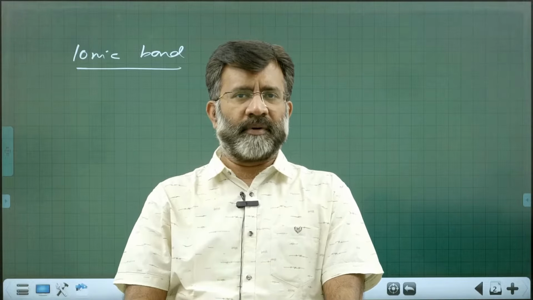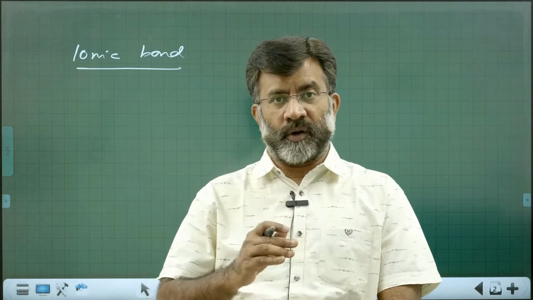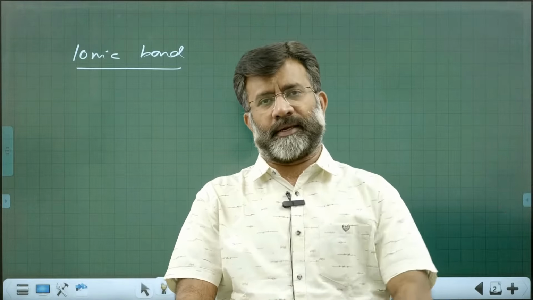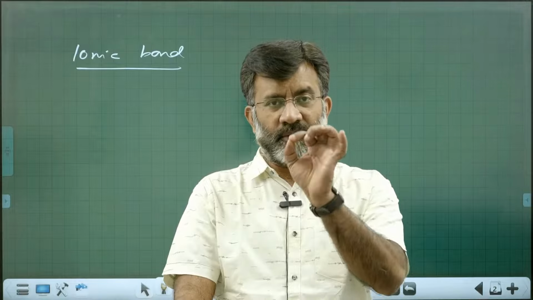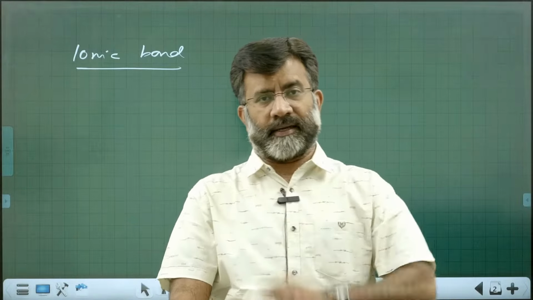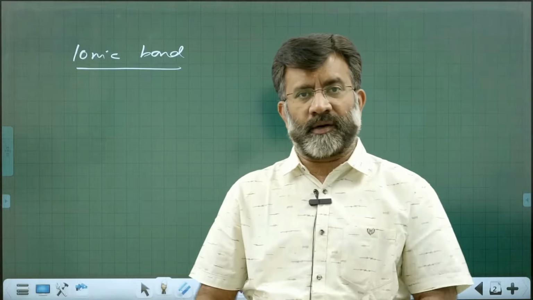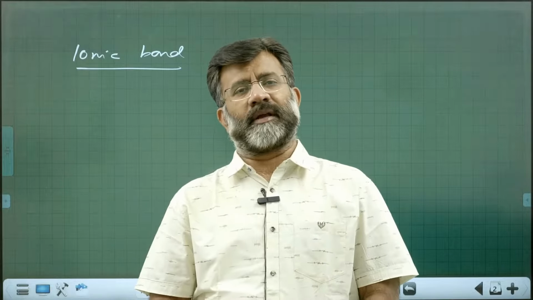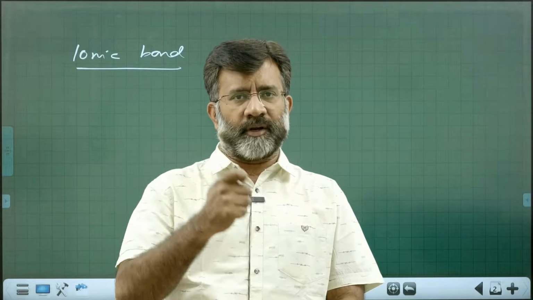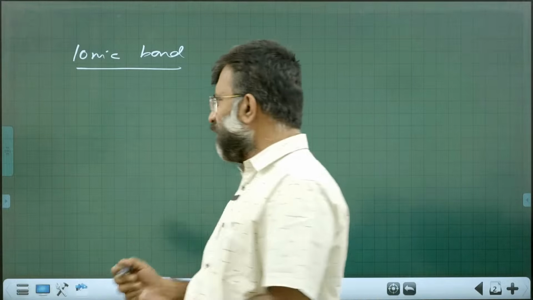It is formed by the transfer of one or more electrons from one atom to another atom. Right? One or more electron transferred from one atom to another atom. An atom losing electron or giving electron will be converted to cation. An atom gaining electron will be converted to anion. Typical example known to all.